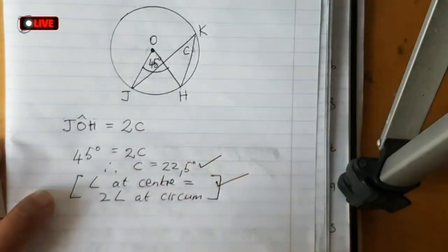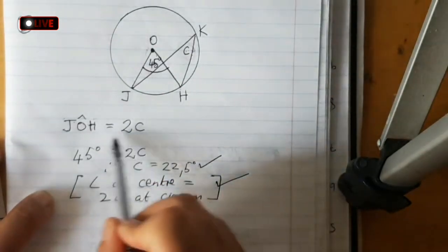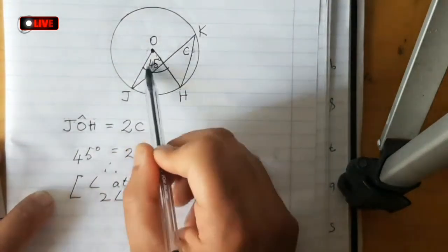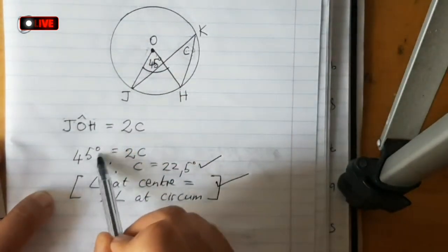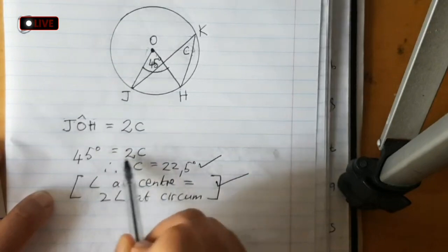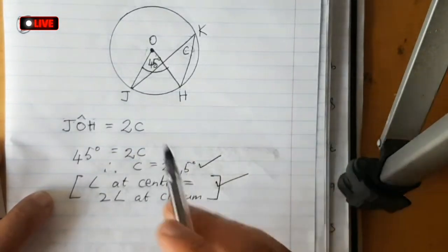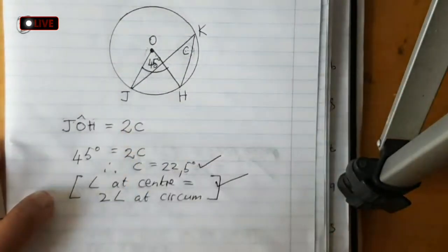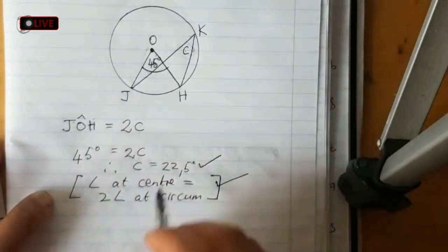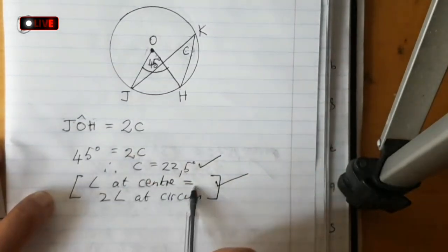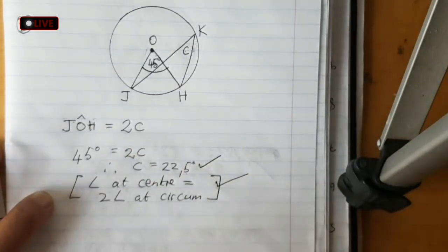Now I'm just substituting the angle at the center as 45 degrees, so it is equal to 2C, and then I solve for C. I get my mark there, but I'm not done. I need to tell the person marking my work why I did all of this, and the reason is the angle at the center is twice the one at the circumference.